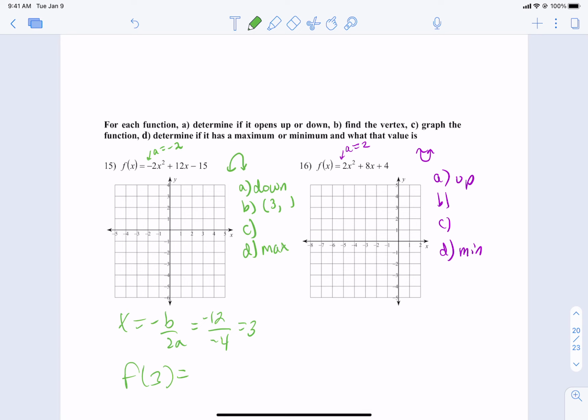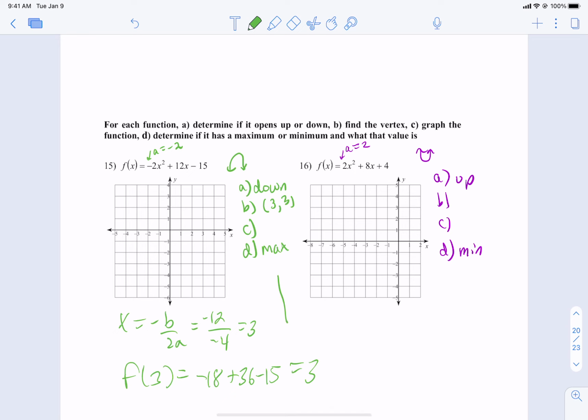So we get -2 times 9 is -18, plus 36 minus 15. All I did was plug in 3. So we get a value of 3. So our vertex is at 3, 3.